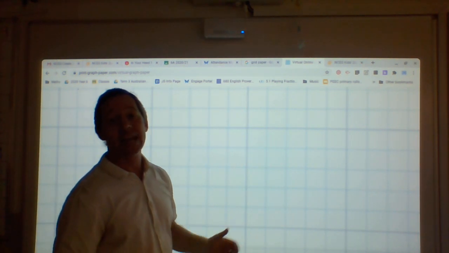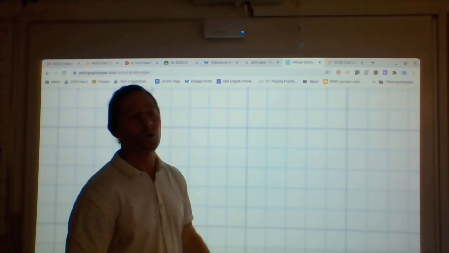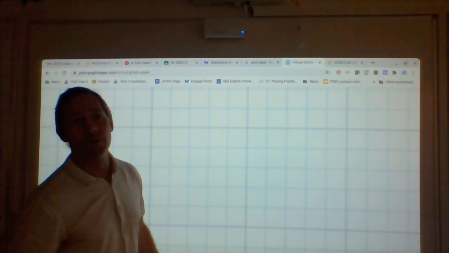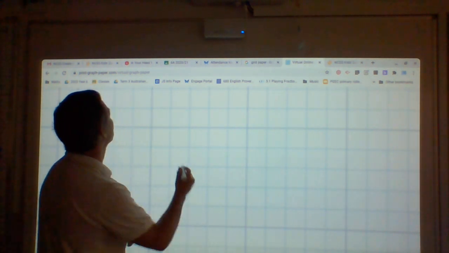We need an X and Y axis. What does even that mean? So the X and Y, put a title first, and the title I'm going to give this is called Favourite Books.